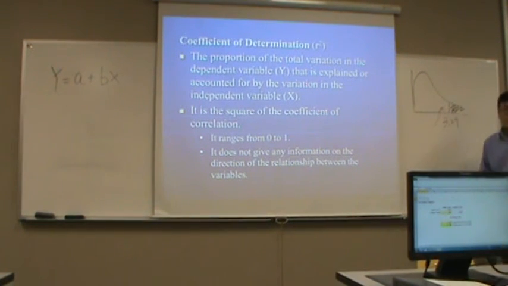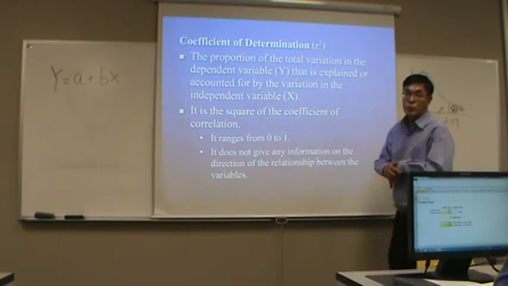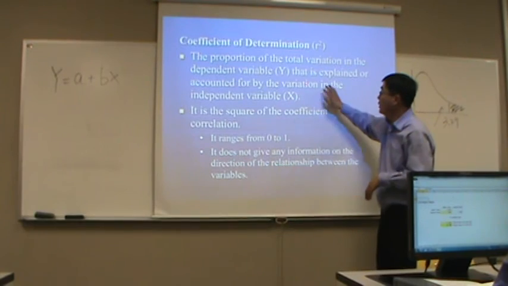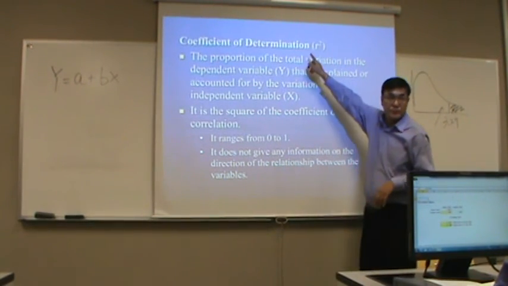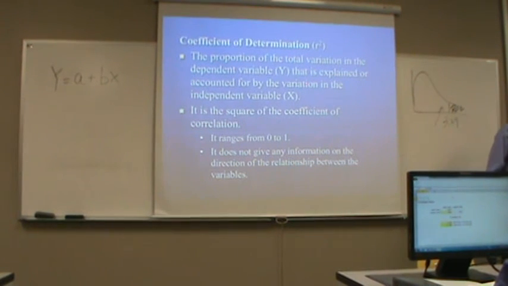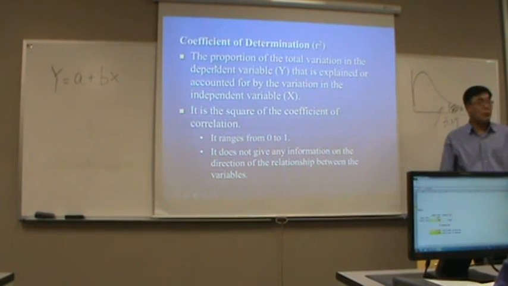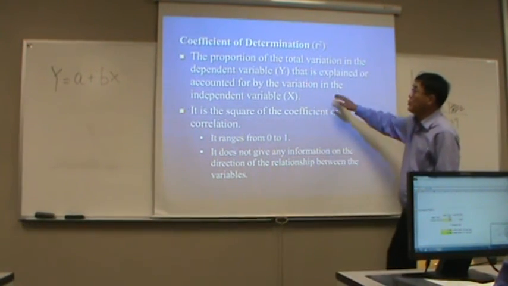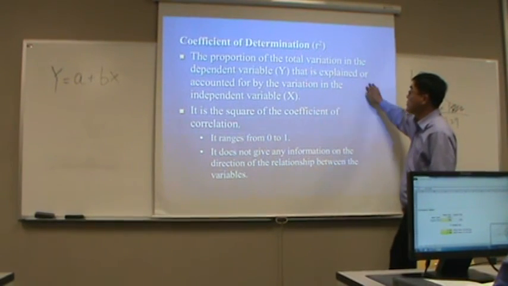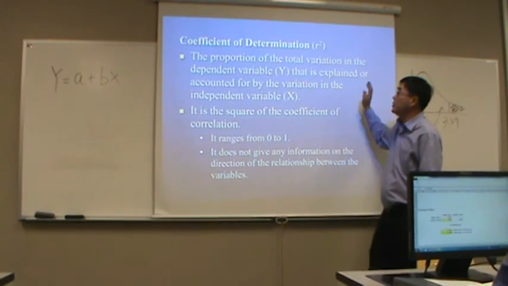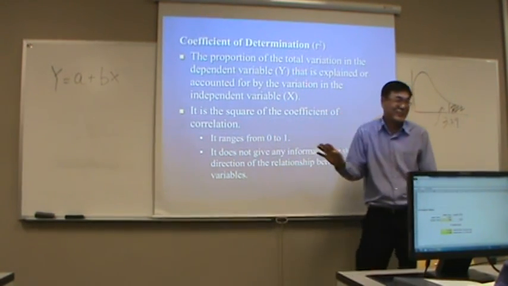And the coefficient of determination, R square. If we have R, then square it, that is the coefficient of determination. R square is the proportion of the total variation in the dependent variable y that is explained or accounted for by the variation in the independent variable.